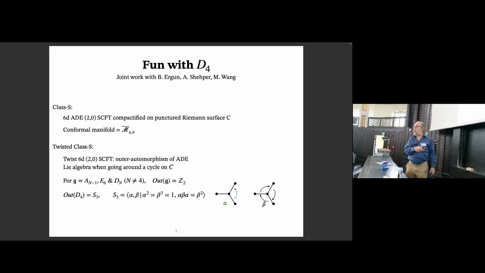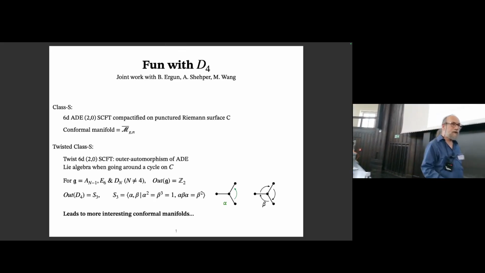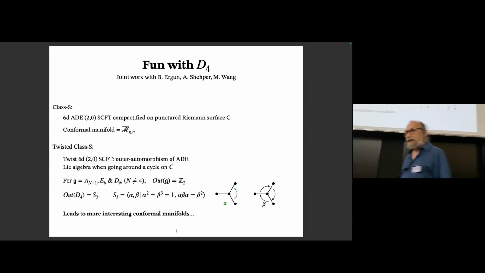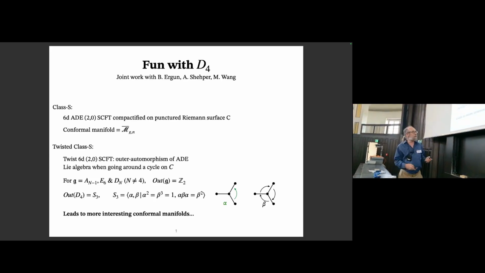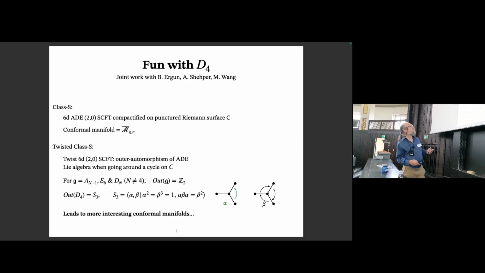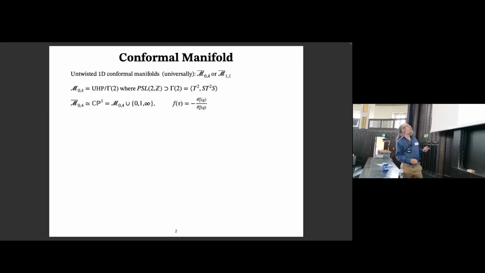And what they do on the Lie algebra of D4: alpha swaps these 2 roots, and beta cyclically permutes the simple roots. So this is hopefully familiar. But it leads to some rather interesting complications, including some new and somewhat exotic conformal manifolds. So that's going to be the focus of this talk.